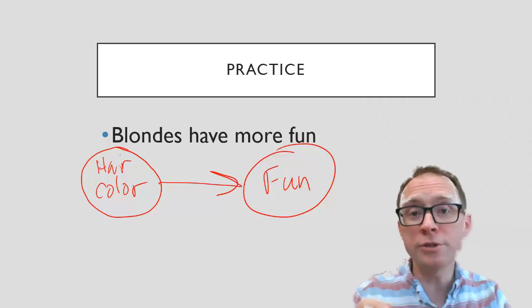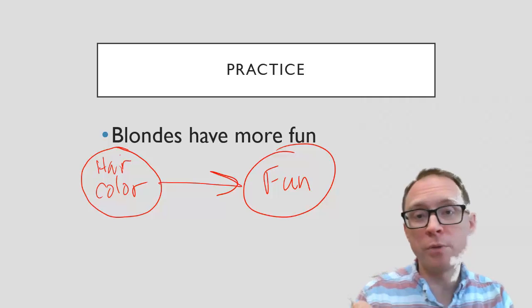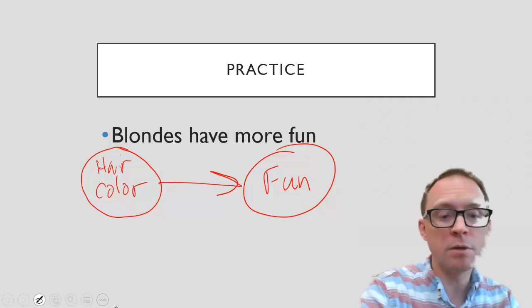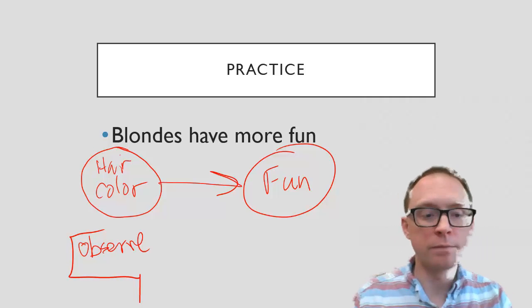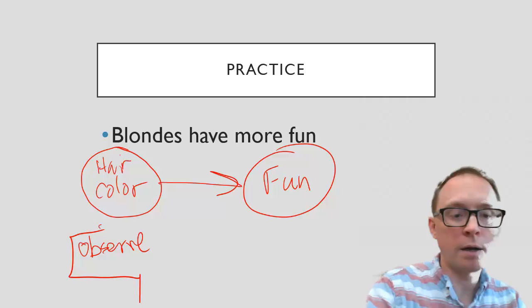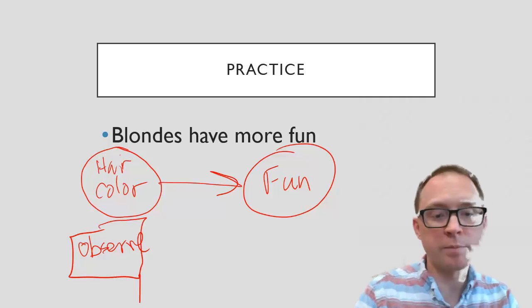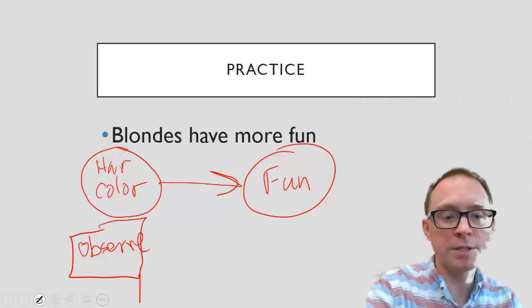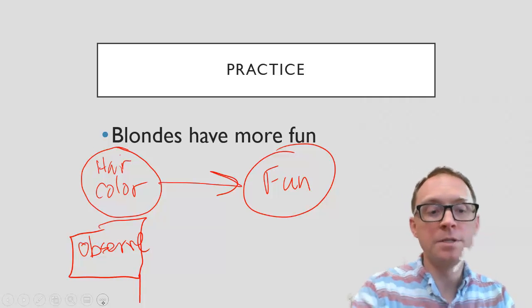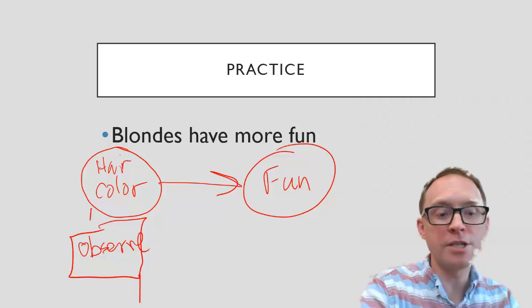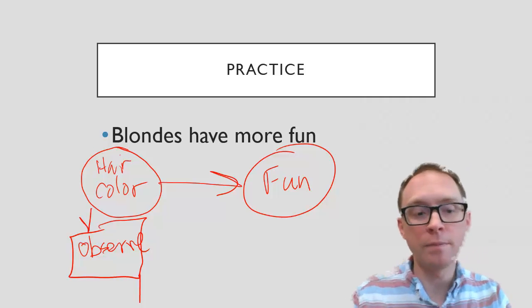In a correlational study, we would measure both of these variables. So what I would do is get an observation. I would observe your hair color. In this case, the observation is the operationalization of hair color, meaning it's a measurement.